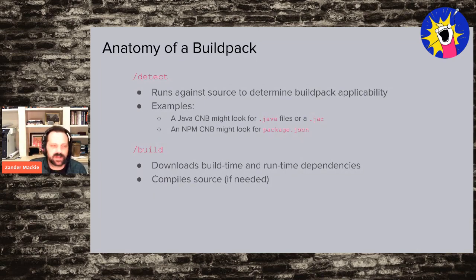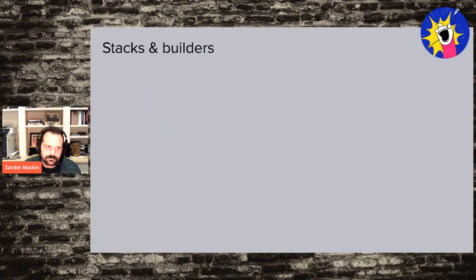They'll compile node modules if they have native code. They'll build your source code if it's a Go app, that sort of stuff. And the final thing they'll do is they'll set the launch command: the thing that, when you docker run the container, the container image is annotated with the process name and the arguments that turn it on.